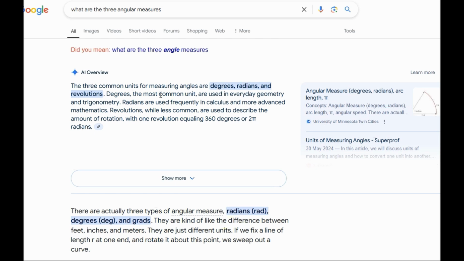And revolutions, I'm looking at the wrong one, hang on, down here: radians, rads, degrees you're used to, something called grads. Now they're not very often used at all. If I remember correctly, 90 degrees is worth 100 grads, but we're not going there, we're not using it. What we're going to be looking at is radians. These are very important when it comes to thinking about pi.